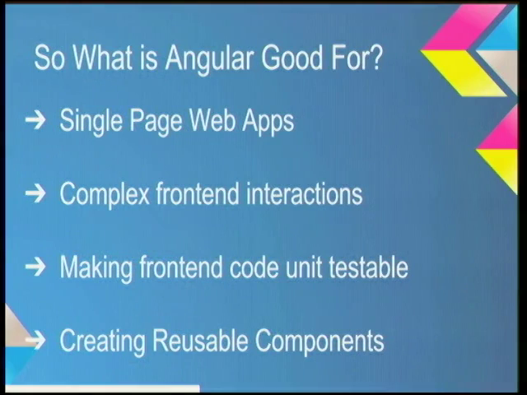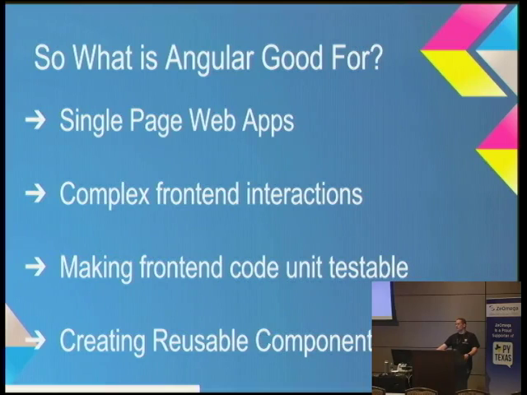All right, so what's Angular good for? I'm going to go more into all of these points here. It's good for making things that are more like an app on the web. Think of Gmail, Google Docs, or a hybrid phone app. It's good for complex front-end interactions.